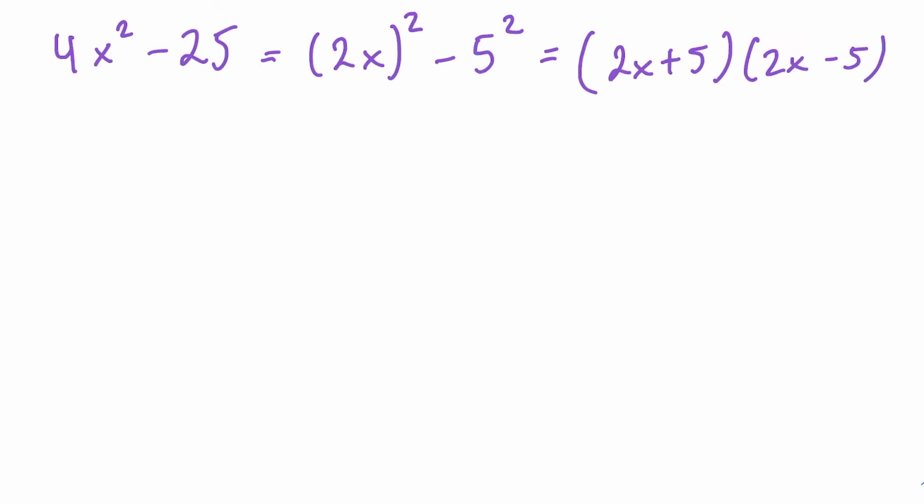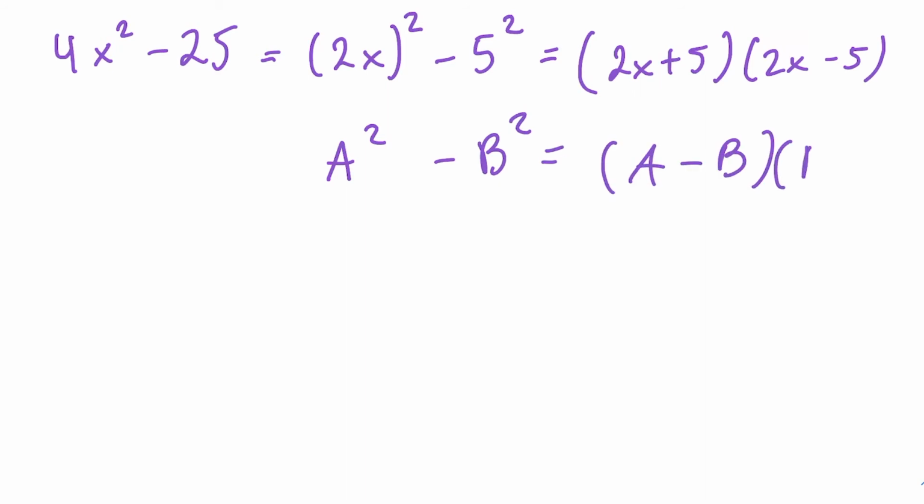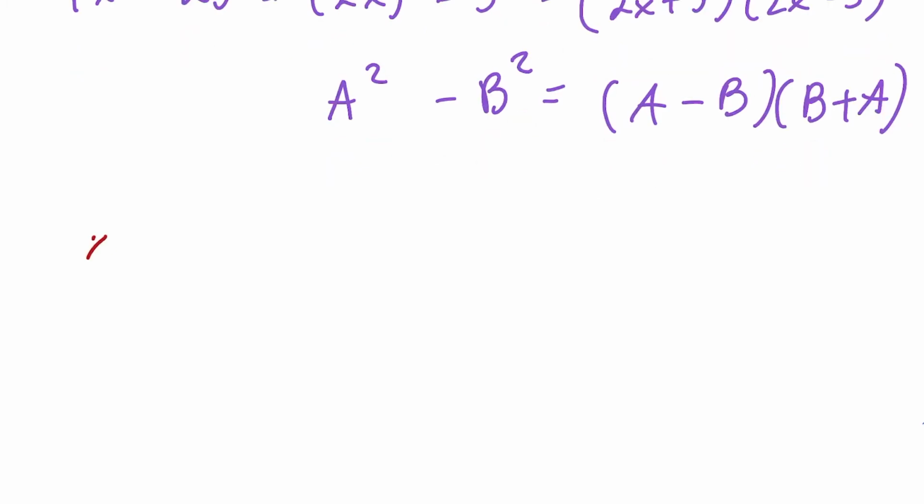And that is because we know that a squared minus b squared is equal to a minus b times b plus a. Now, what if we have a different formula? What if that formula is x plus a squared minus z squared?